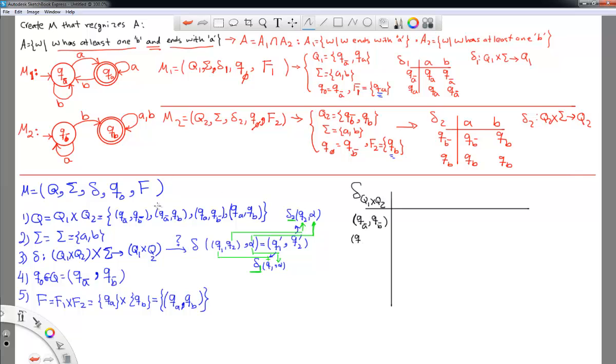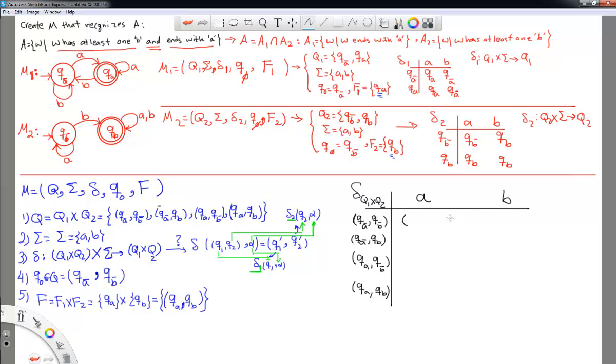So I'm going to do this. Q naught A, Q B. Third one is Q A and Q naught B. And then the fourth one is Q A and Q B. And my input symbols are A and B. That's easy to do.